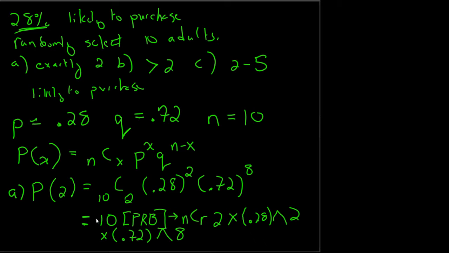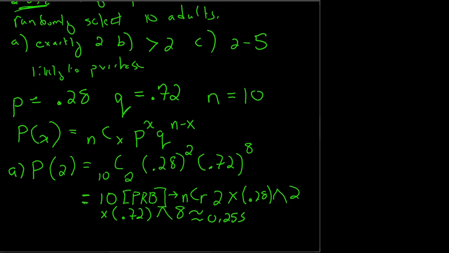And so 0.255 is the probability that 2 of the adults that we picked will be likely to make purchases on the tax holiday, for exactly 2. Well, for the greater than 2, we want to find the probability, so B, for P greater than 2.